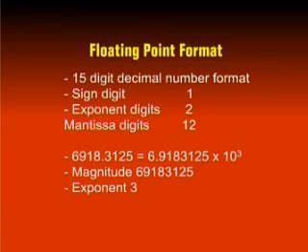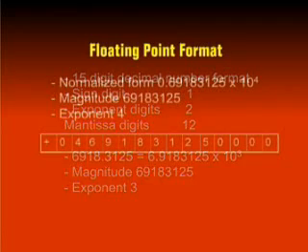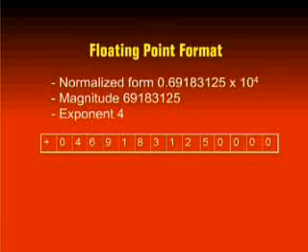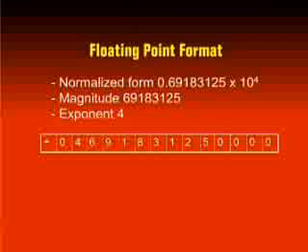Now, what is the magnitude of this number? The magnitude is 6.9183125. What is the exponent? It's 3. The number is written in its normalized form. What do we mean by normalized form? We bring the decimal point to the extreme left of the number.